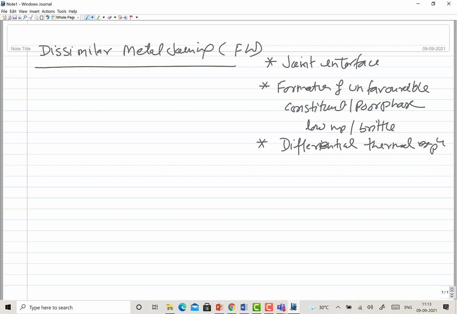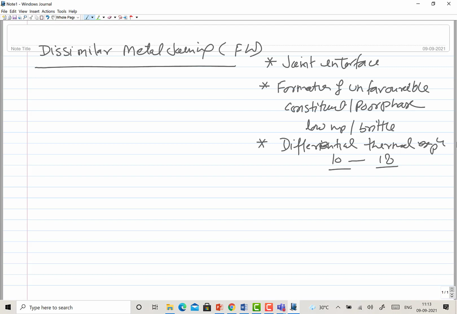If the thermal expansion coefficients are significantly different, say 10 and 18 units, the difference is approximately double. The metal with the low thermal expansion coefficient comes under heavy, severe stress localization, especially along the joint interface. So we need to tackle the issues linked with differential thermal expansion and contraction behavior.